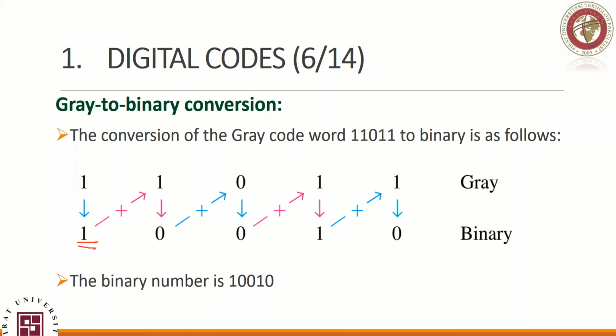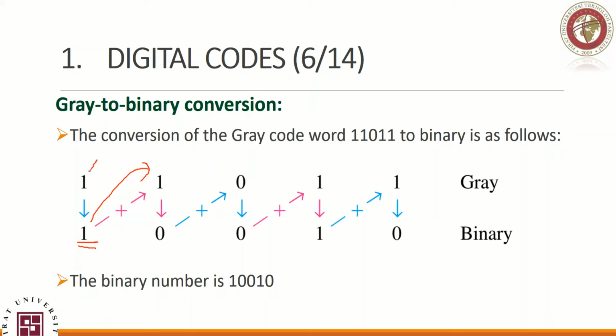Then we don't add the adjacent. No, we add diagonally. 1 plus 1. We go in a diagonal way. The one we created for the binary plus the next bit from the gray.